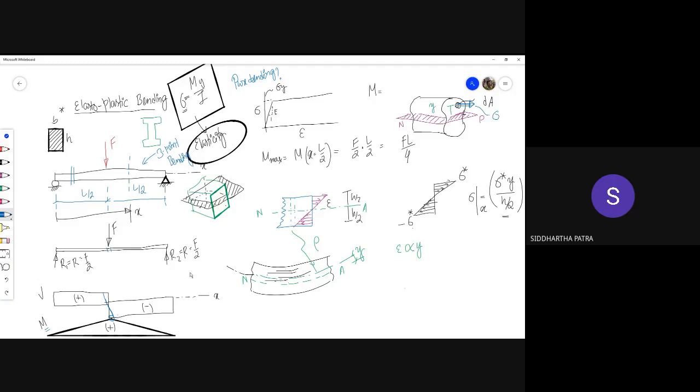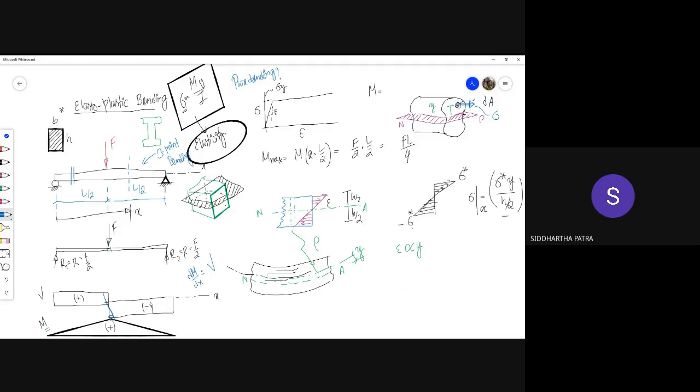As you might recall, dM/dx is V. So the bending moment is maximum because the shear force is 0. So indeed there is pure bending in the 3-point bending situation as well, but that's just at a single point, not anywhere else.